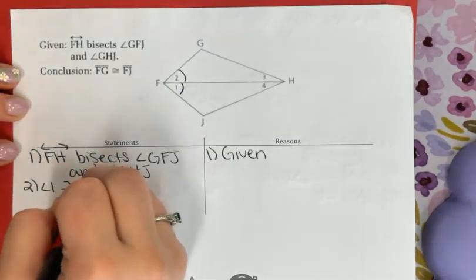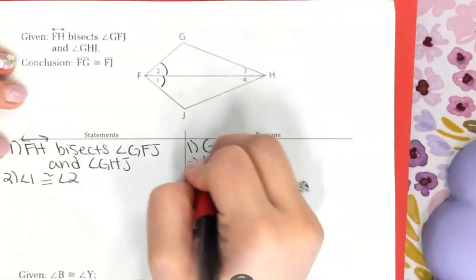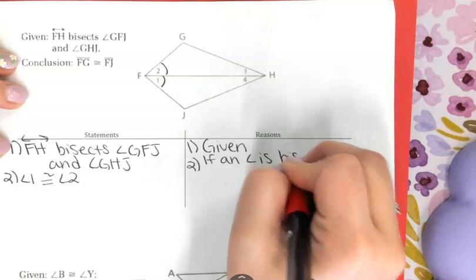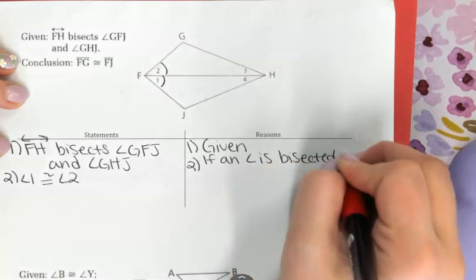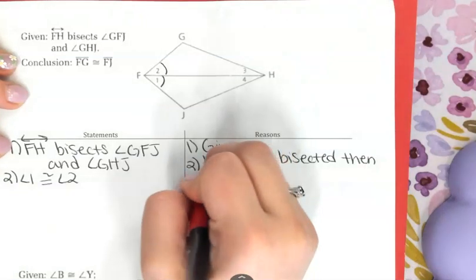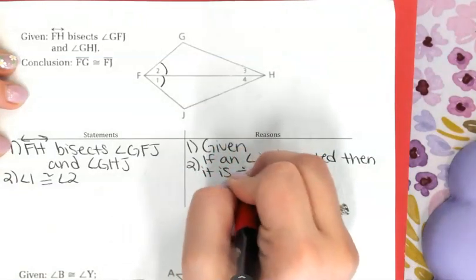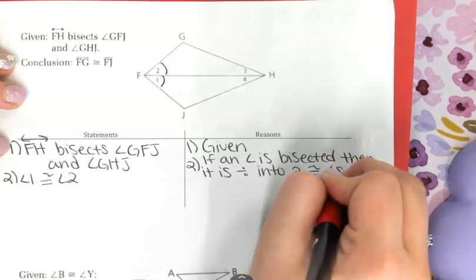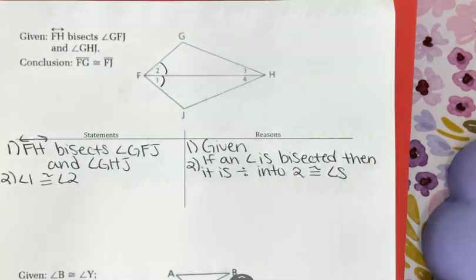And how do I know that? Well, because if an angle is bisected, then it is divided into two congruent angles. If you don't have that wording memorized yet, you can always look in your dominoes.